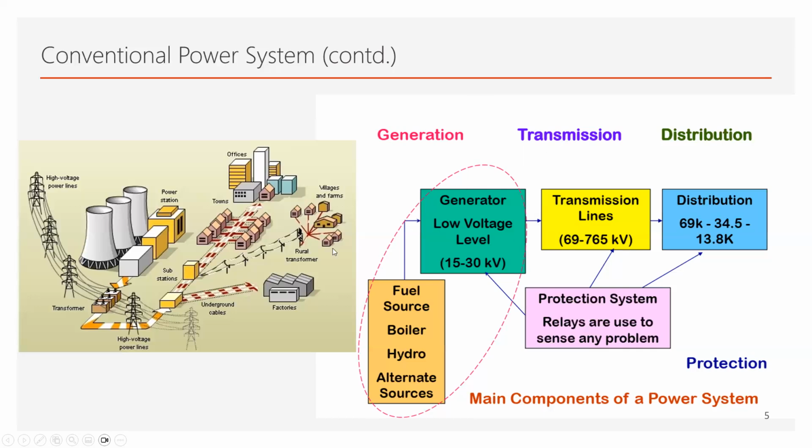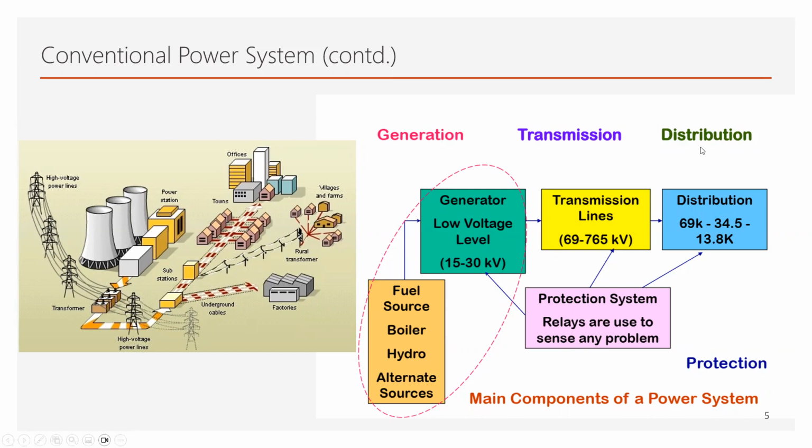It happens by means of transformers. These transformers are electric machines that step up the voltage, and in some cases step down the voltage. Depending on the application, we use a transformer either to step up or step down voltages.